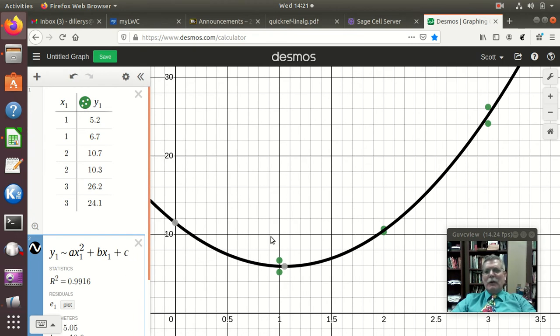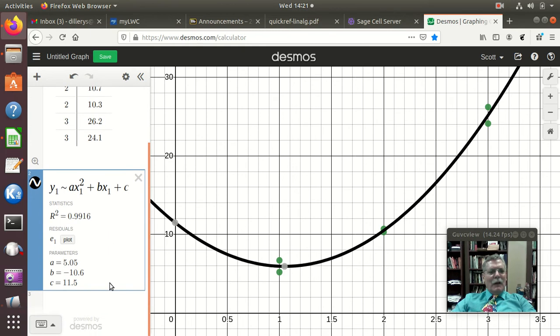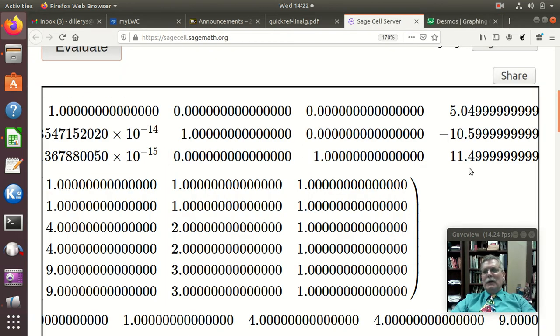It looks pretty good there. And notice 5 for A, negative 10.6 for B, and 11.5 for C. That is what we got.